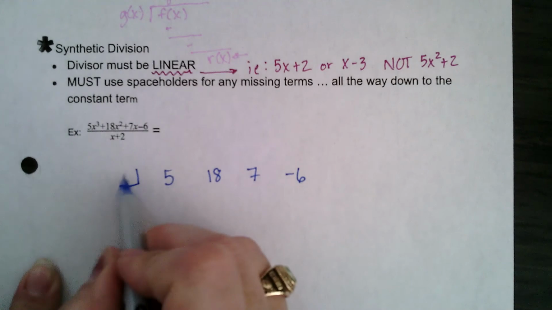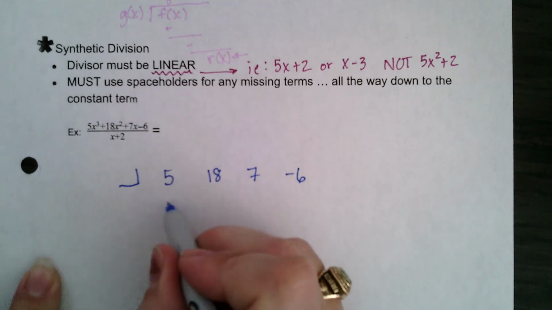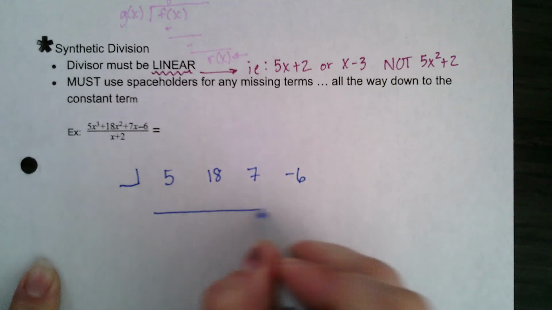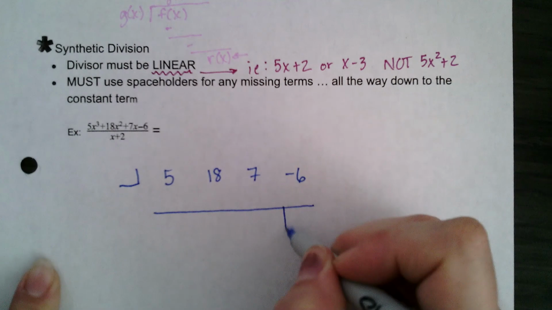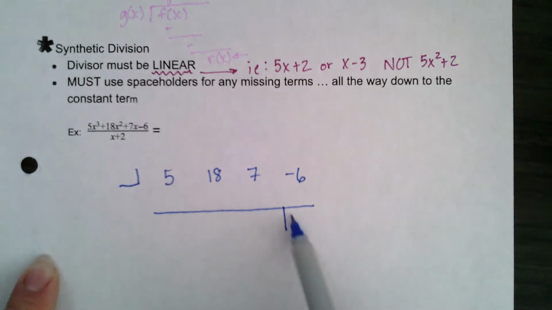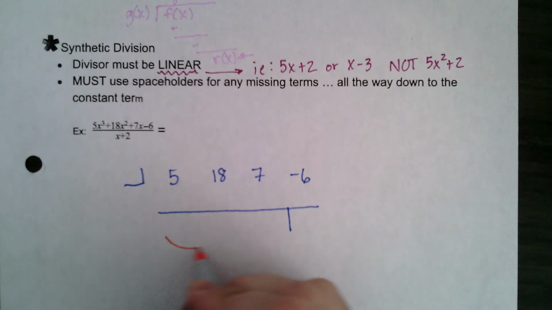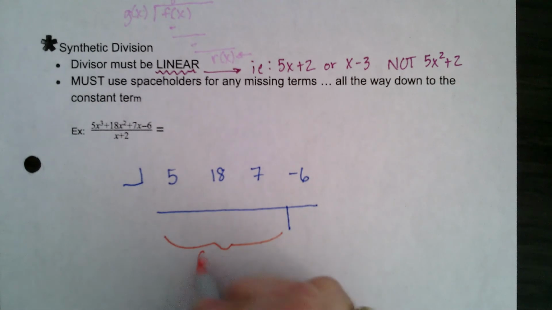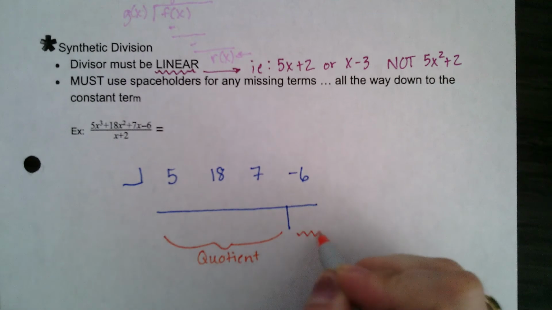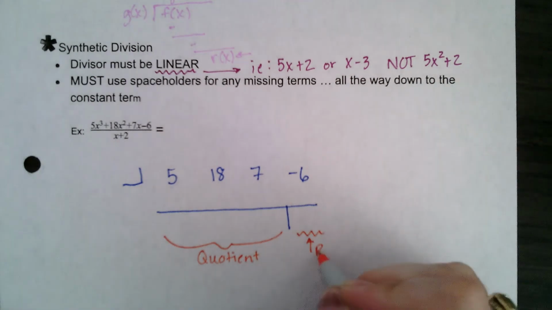And then I put a little box over here on the edge. I'm going to leave a space for a row here and draw a line with a box around this bottom right-hand side. When I get finished doing my synthetic division, this row down here is going to be the quotient. This little box on the side is going to be the remainder.